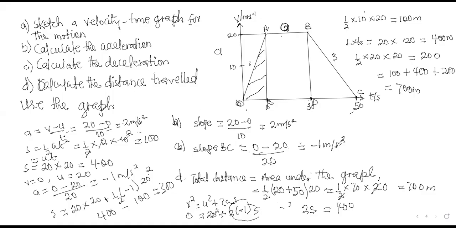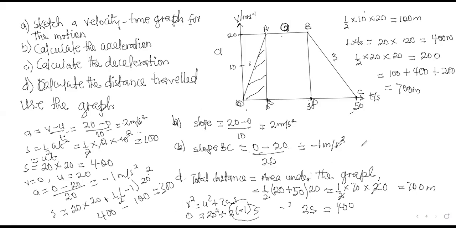This is 400. If A is 0, sorry, A is -1. So when we take it to the other side, we have 2S. S is 200. Why?